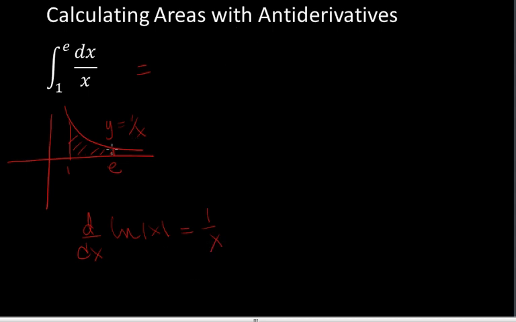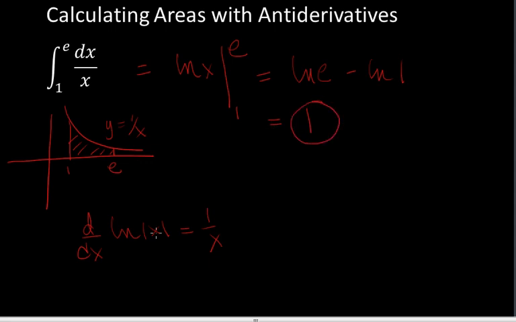And therefore, natural log x, in this case we don't need absolute value because x is positive, we can say that this is simply the natural log of x evaluated between upper limit e, lower limit 1. Natural log e minus natural log 1. The natural log of e is 1 and the natural log of 1 is 0, so that shaded area equals 1.